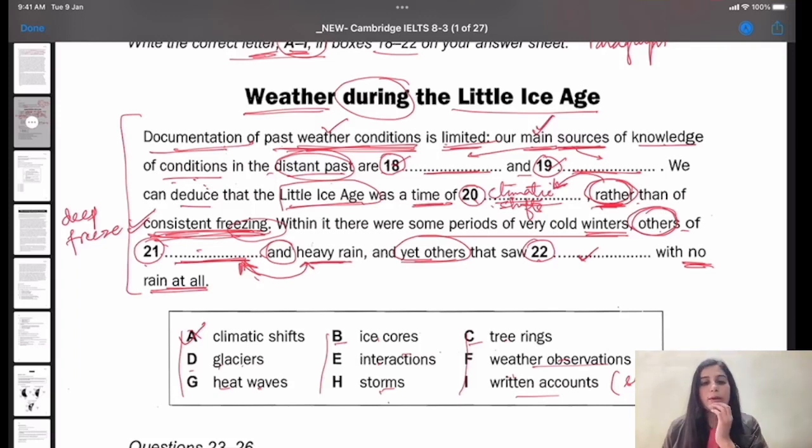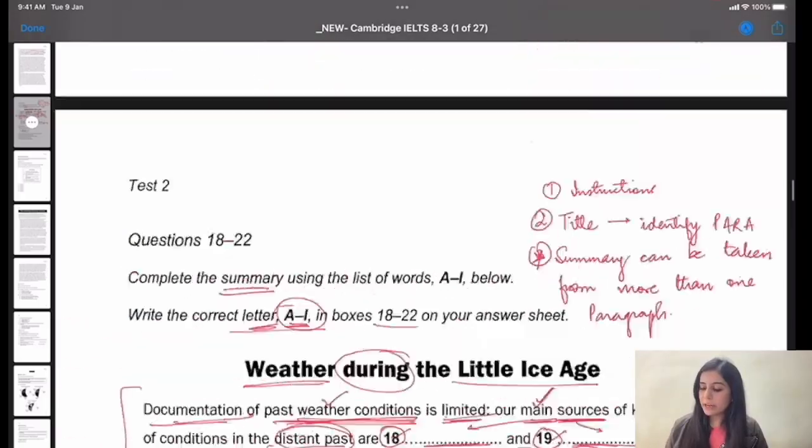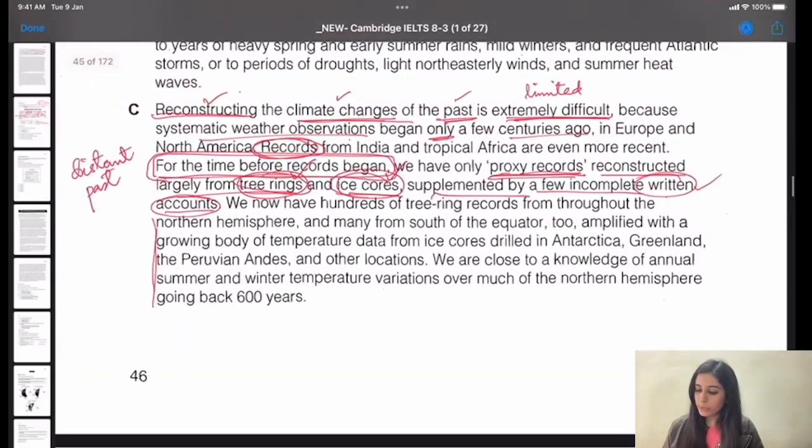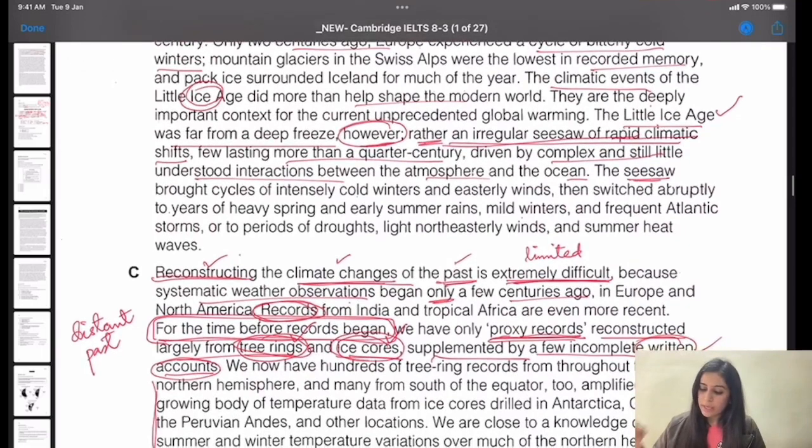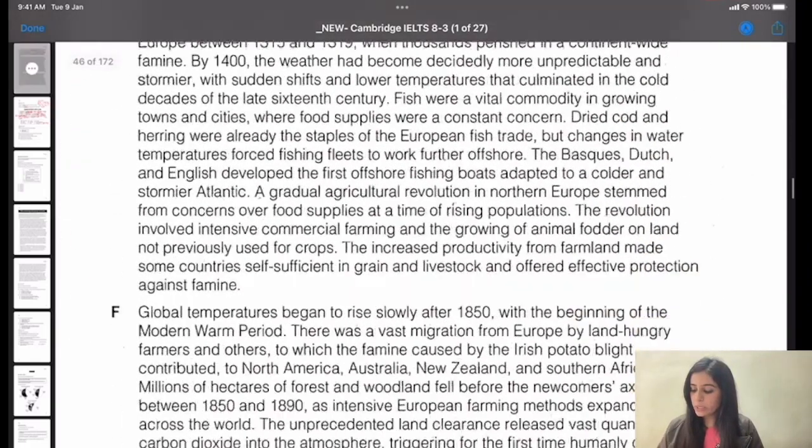So within it, there were some periods of very cold winters, others of dash and rain. Let's continue reading it. The seesaw is again the change in temperature or change in weather conditions, which brought cycles of intensely cold winters.